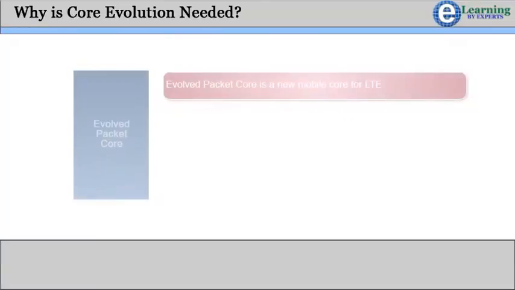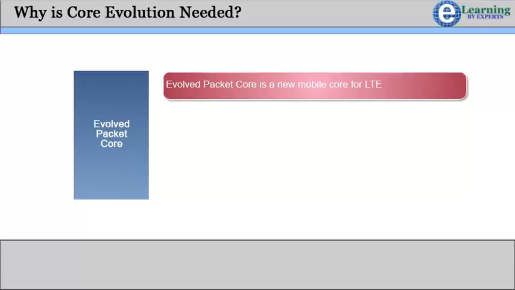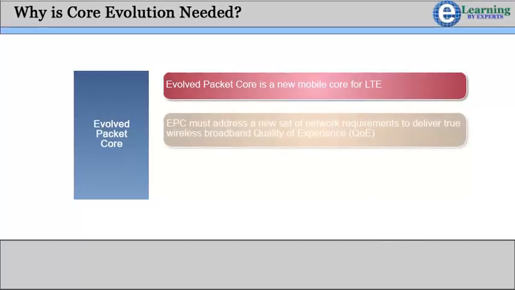EPC is a new, all-IP mobile core network for the LTE converged framework for packet-based real-time and non-real-time services. It is specified by 3GPP Release 8 standards. The EPC is a high-performance, high-capacity core network for LTE.